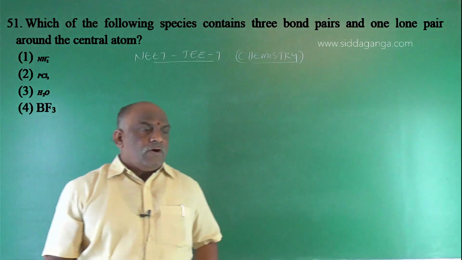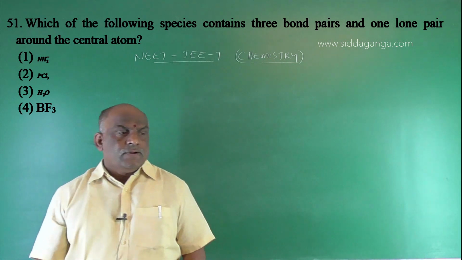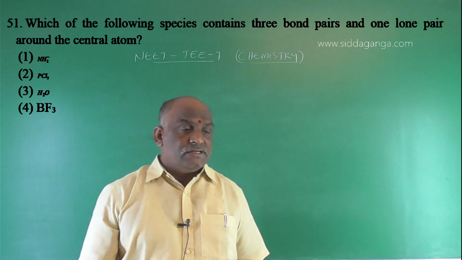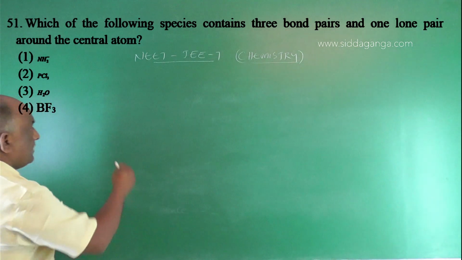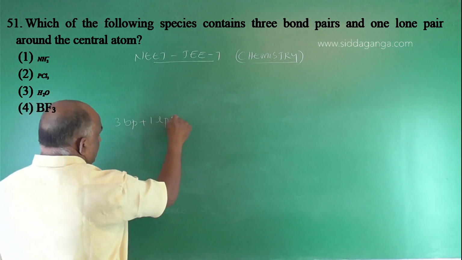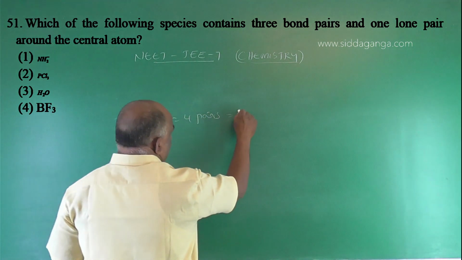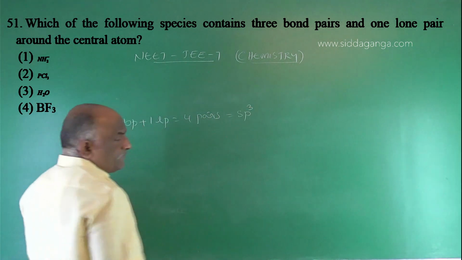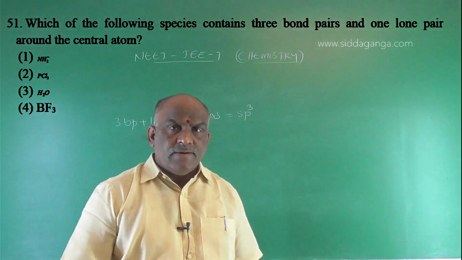The next question is from chemical bonding. Which of the following species contains 3 bond pairs and 1 lone pair around the central atom? Remember, 3 bond pairs plus 1 lone pair is equal to a total of 4 pairs. 4 pairs means sp3 hybridization.